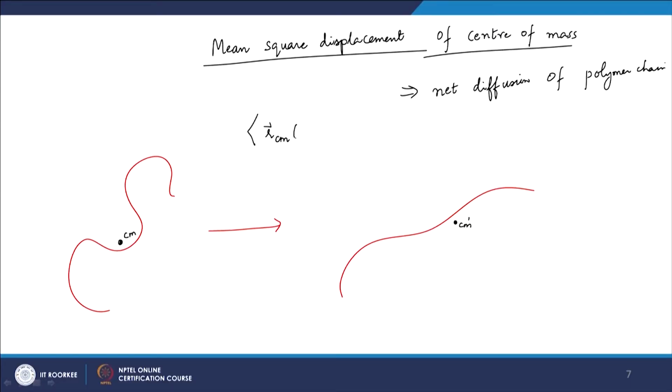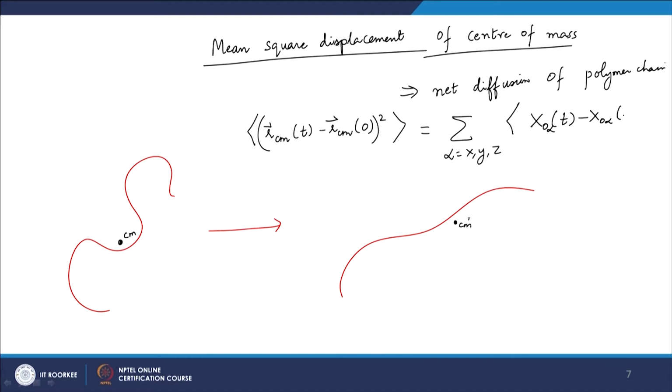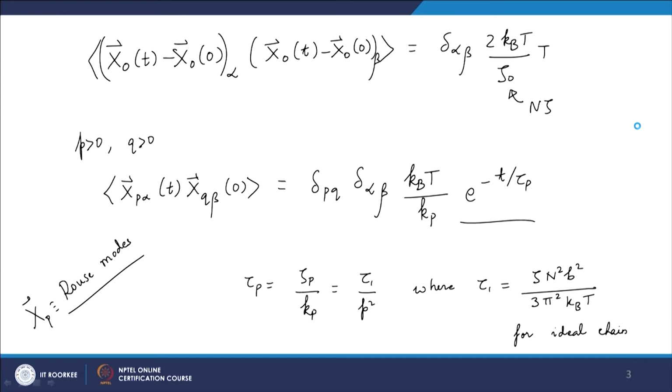Okay. So, if I am interested in this, I can define this as simply the following, where R_CM is the position of the center of mass, which would then be a sum over the axes x, y, z for the first modes, which was this, and we have already derived what that should be, that is simply delta alpha beta 2 kBT by zeta naught t.